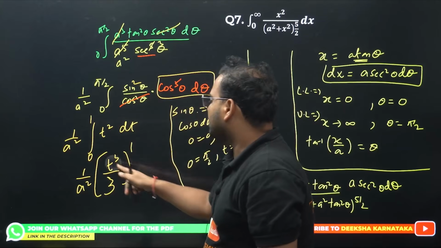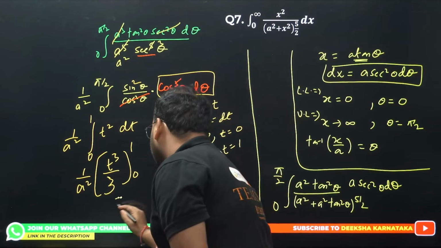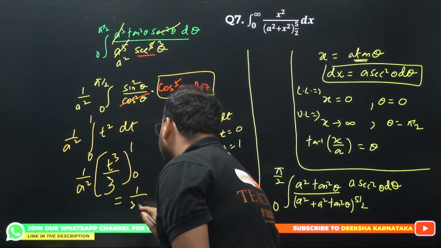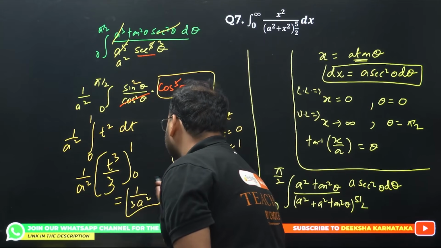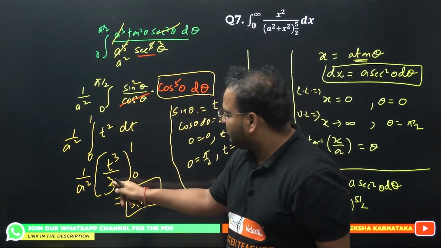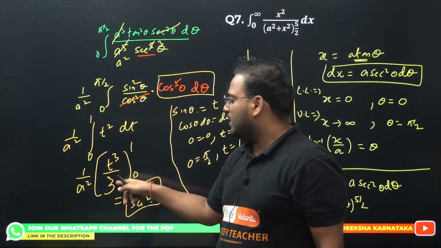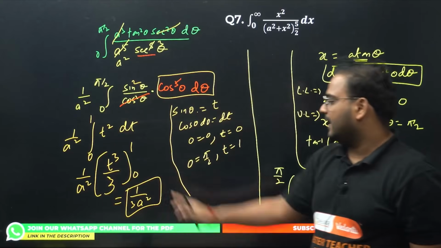At 1 it will be 1 because we have t cube over here, and for 0 it will be 0. My final answer is nothing but 1 by 3a square. That's my final answer. When you put t value as 1, it becomes 1 by 3, so 1 by 3a square. When you put lower limit 0, it becomes 0 by 3, which is 0. 0 into anything is 0. I get simply 0.